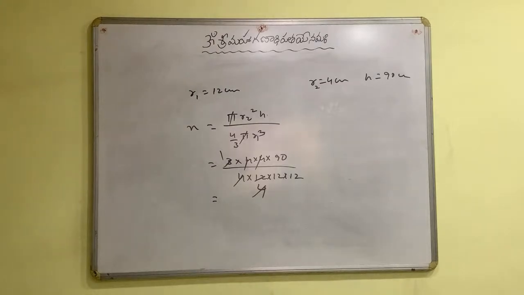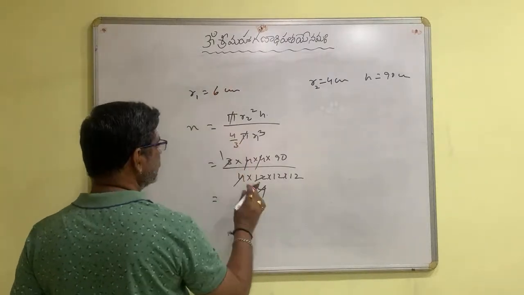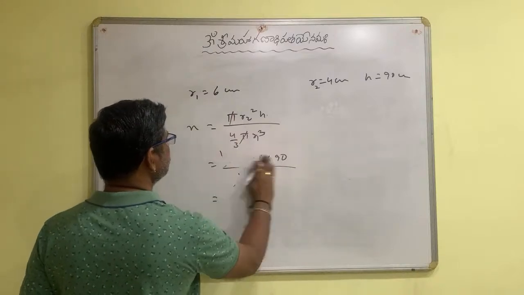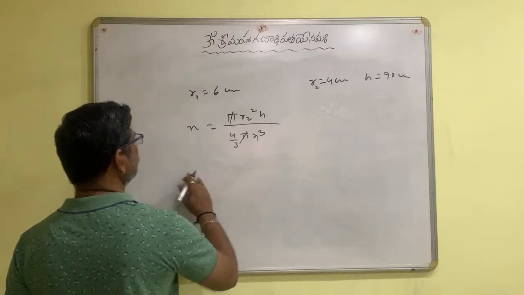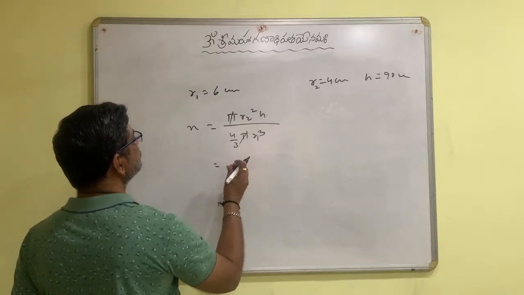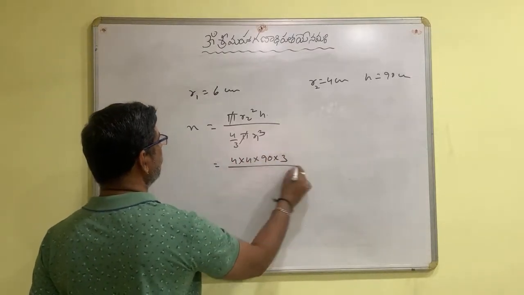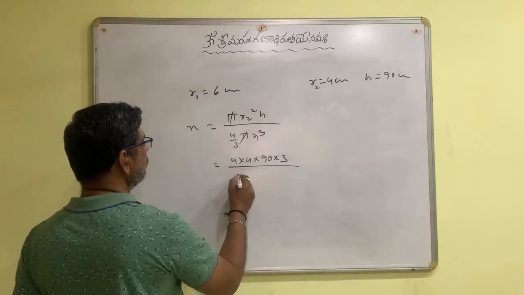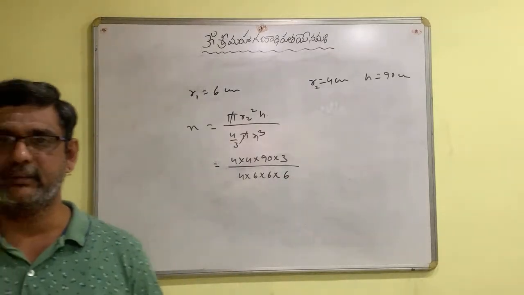One minute. For diameter 12, radius 6. So here we get 4 into 4 into 90 into 3 by 4 into 6 into 6 into 6, right? Not 12 into 12, sorry.